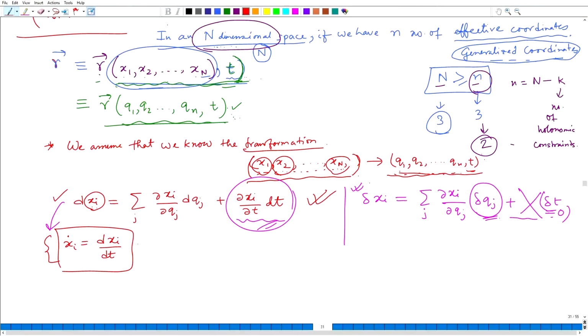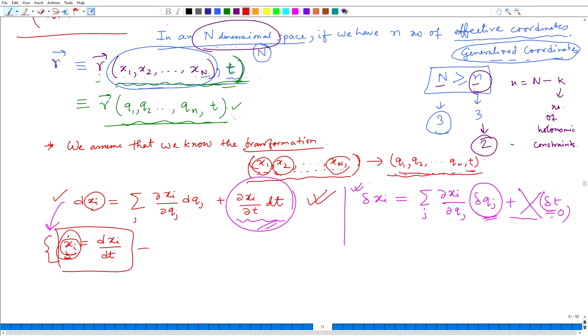So if you want to find the ith component of the velocity in Cartesian coordinate system, it will simply be the dot of the ith generalized coordinate directly, without carrying the unit vector.